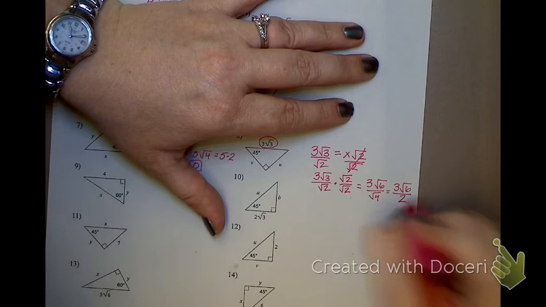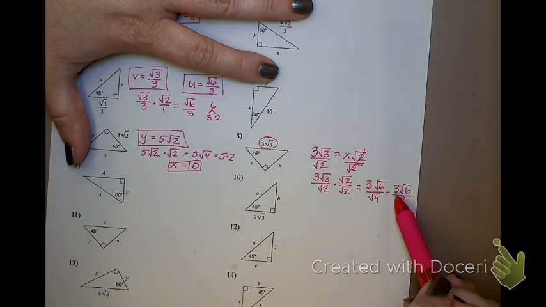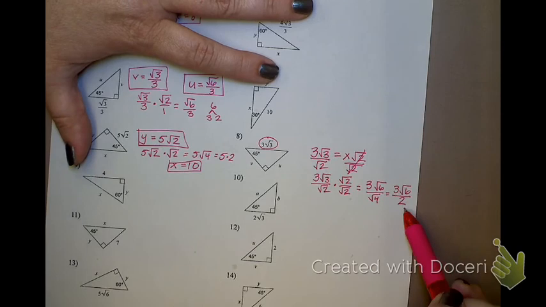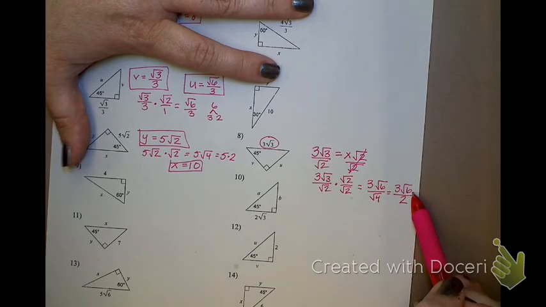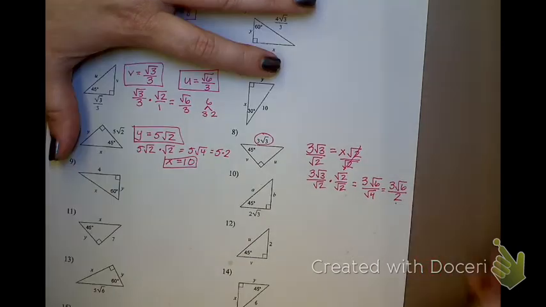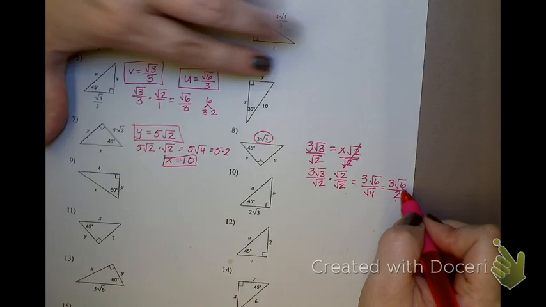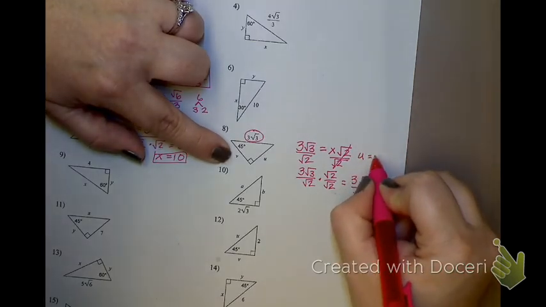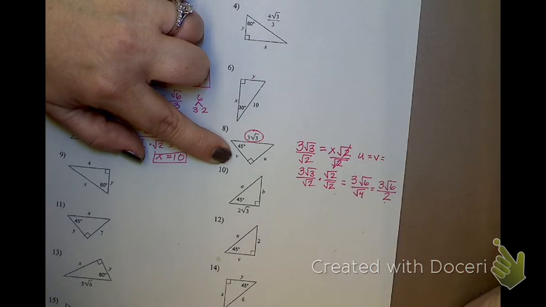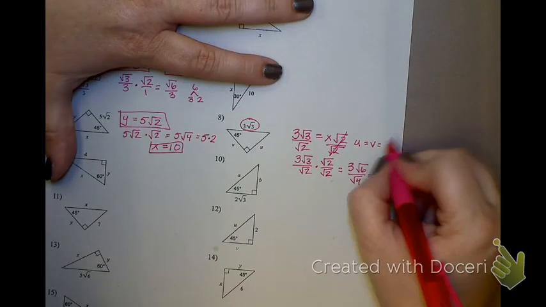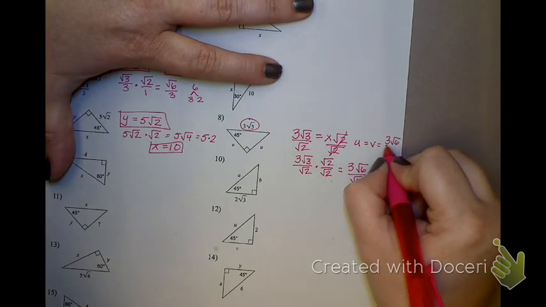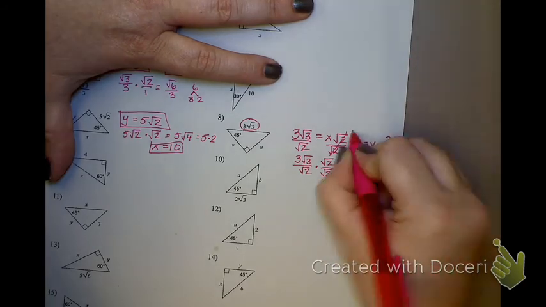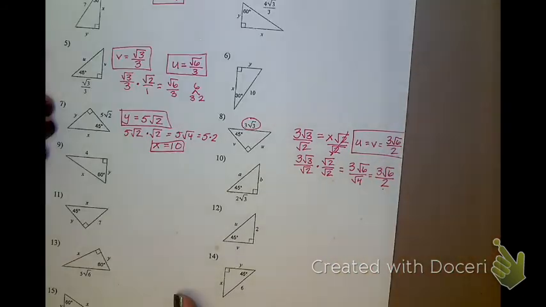Now, I can't simplify the 3 and the 2. I can't simplify 6 and 2 because I can't simplify inside a radical with outside a radical. And I know that 6 can't be broken down because I already tried that over there. So what did I just find? I found both u and v, because their legs, they're going to be the same length, is equal to 3 radical 6 over 2. And that's my answer there for both of those legs.